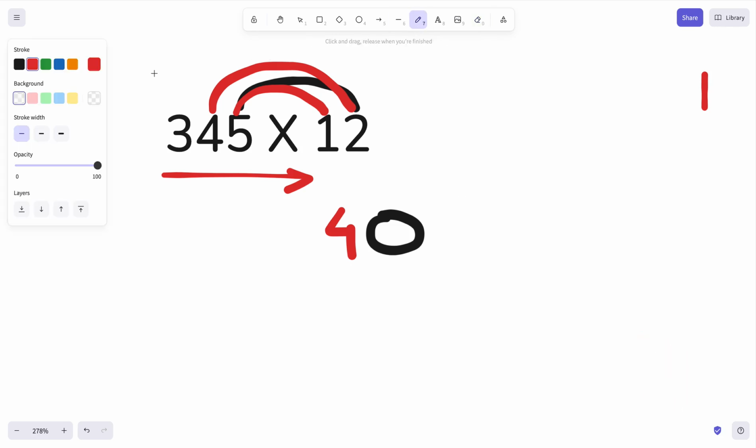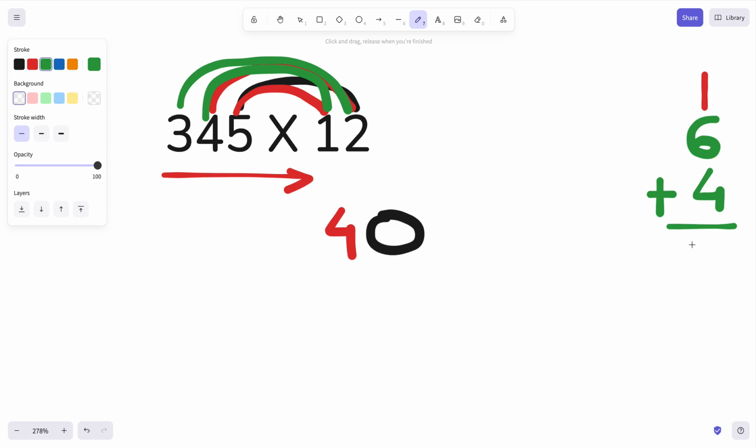Okay, let's continue. We will take 3, multiply by 2. 3 2s are 6. Who is the neighbor of 3? On the right is 4. 4 1s are 4. Add all of them. What is the number? Answer is 11.